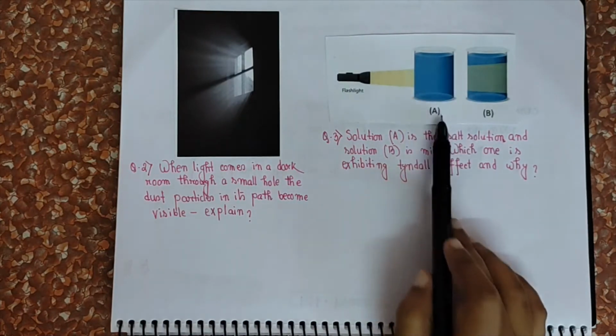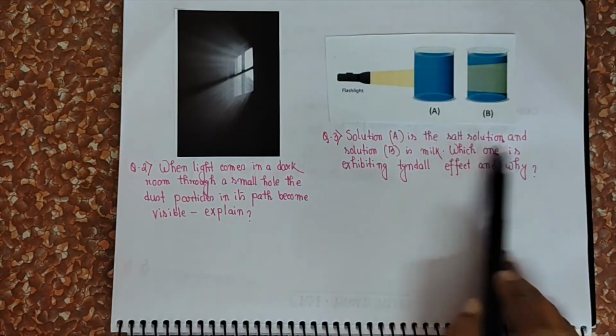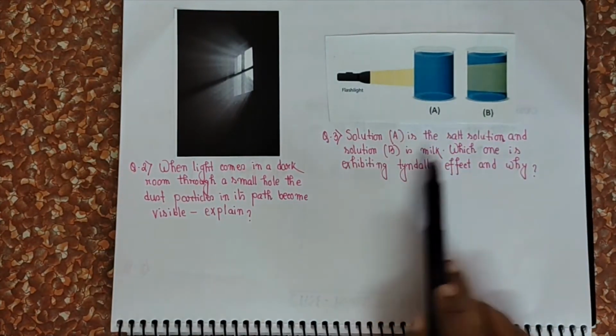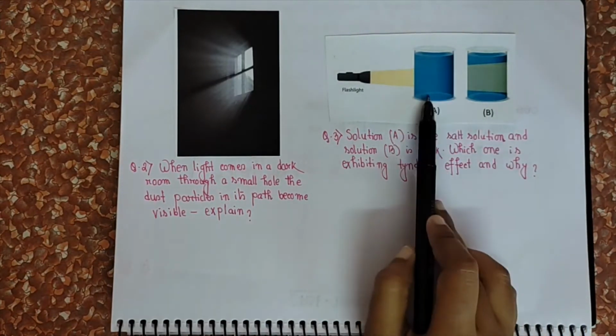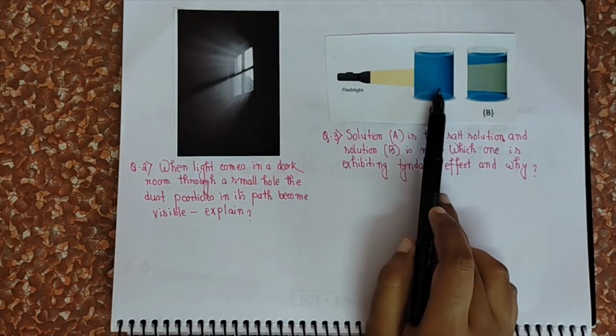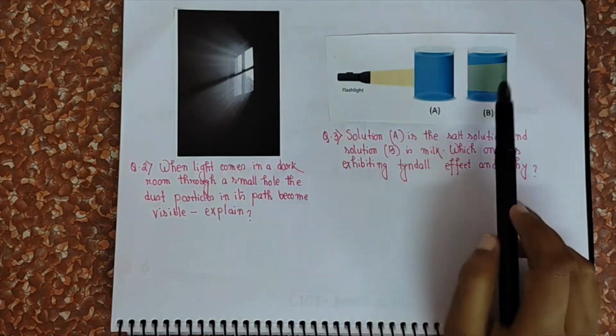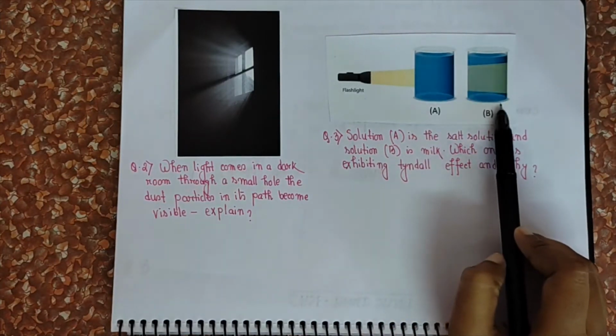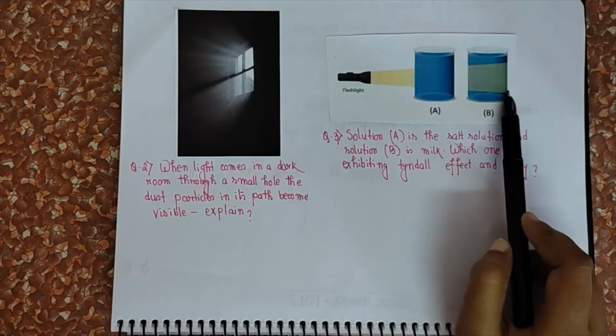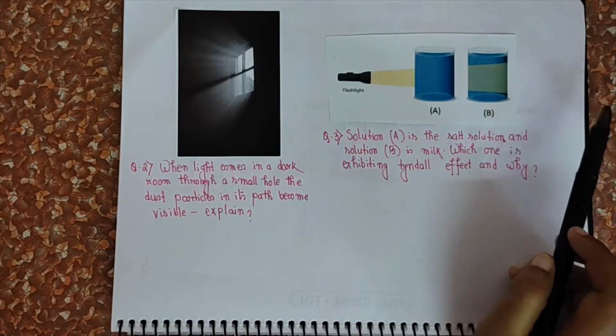So what is A? A is the salt solution, and B is the milk. In this salt solution, you cannot observe the path or track of the light. But in this milk, that means solution number B, you can see the path or track of the light.